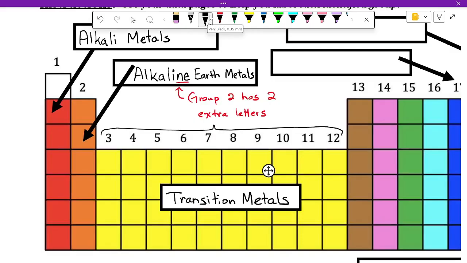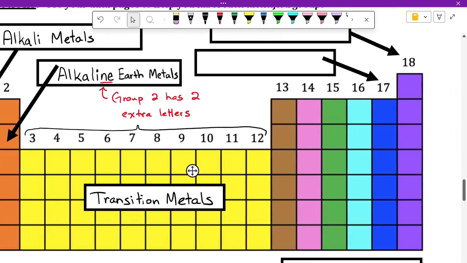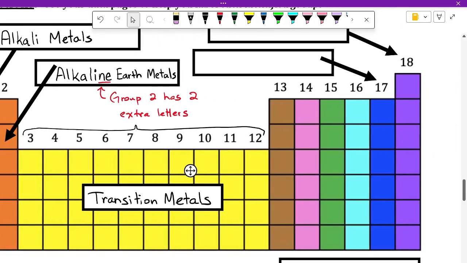There are names actually, but they're really weird and nobody ever uses them. And in fact, not group 16 either. So there's really no name for 13, 14, 15, 16. Group 13 starts with the element boron, so sometimes we'll call it the boron group. This one starts with carbon, so sometimes we'll call it the carbon group, but you don't need to know that. You just need to know that they don't have names.